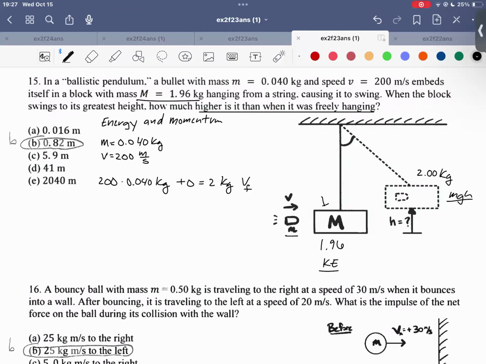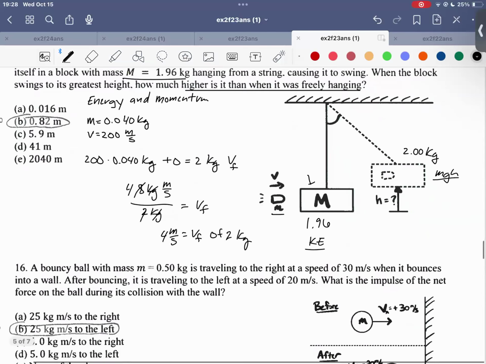And so now when we solve for this, we're given 8 kg meters per second over 2 kg is equal to velocity final. And so then we cancel and get this 4 meters per second equals velocity final of this 2 kg system, right?